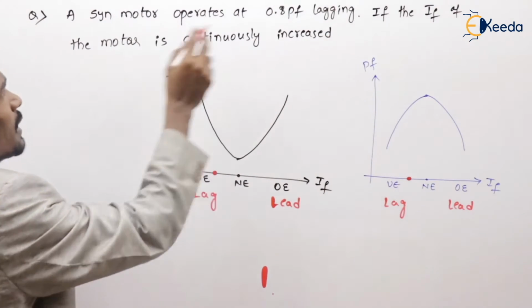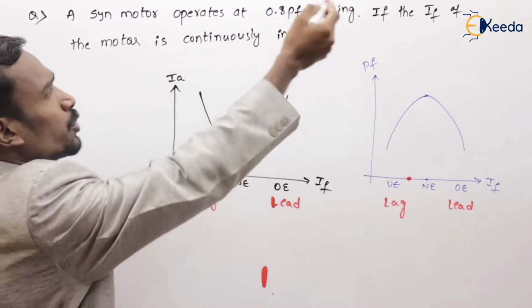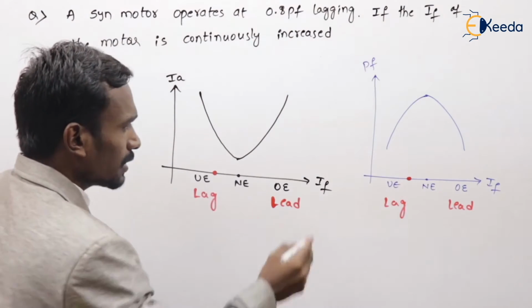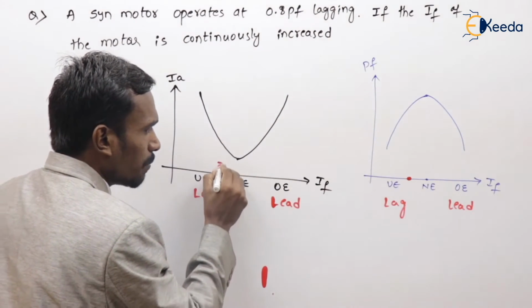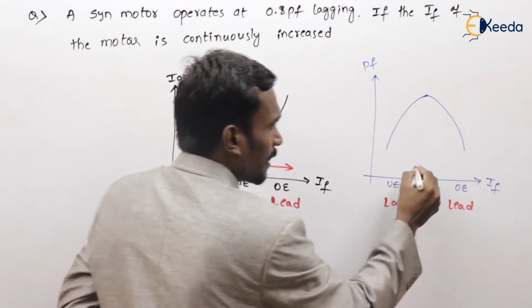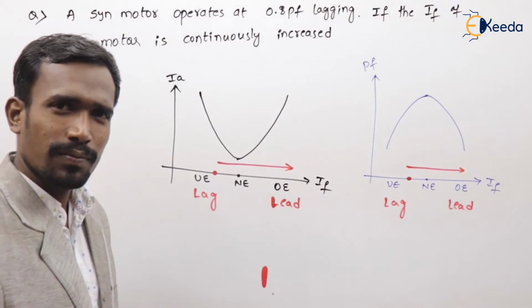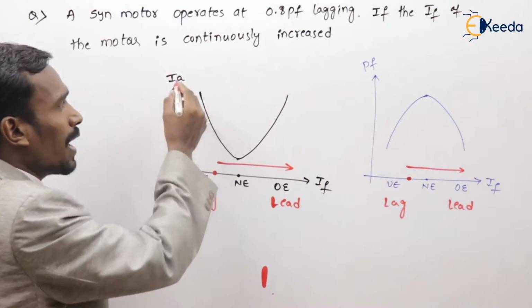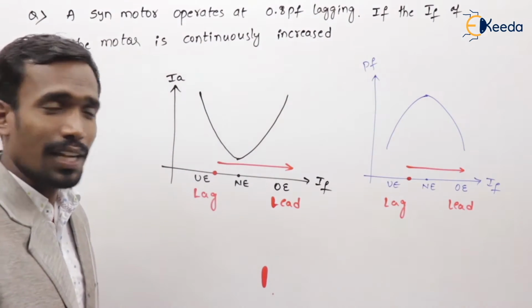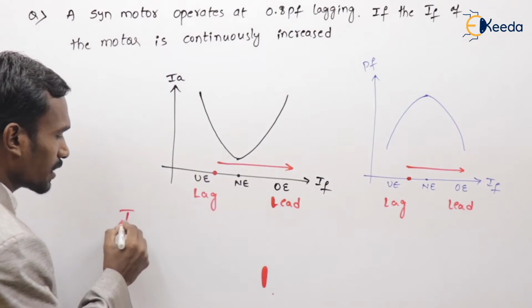If the field current of the motor is continuously increased, this is my field current. From here, my field current is continuously increased. Then what happens to armature current?